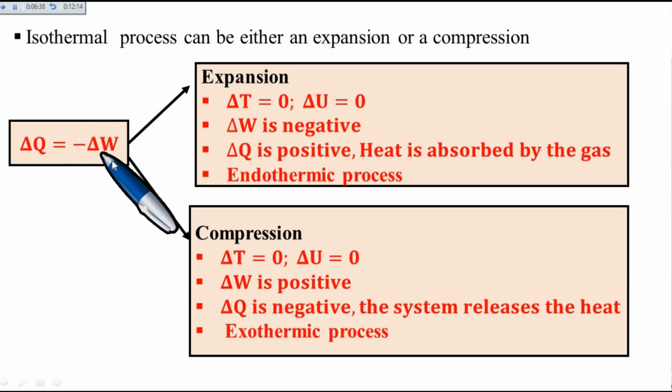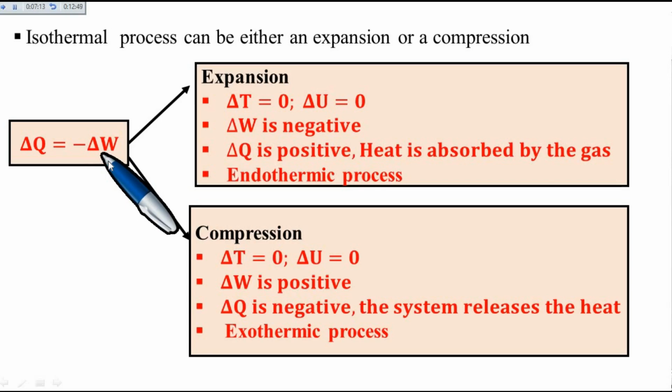You have an expansion. That means the work done is equal to negative PdV. With negative PdV, the change in volume is positive. That means we get negative times positive, and dQ will be positive. It is absorbed by the gas. Contrary, when you have a compression, dW is equal to negative PdV, but dV is also negative.